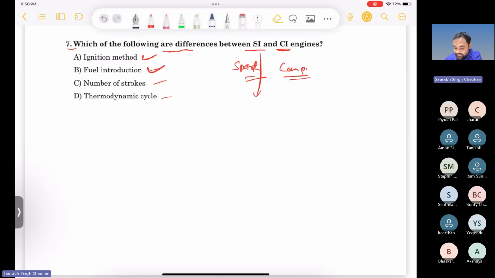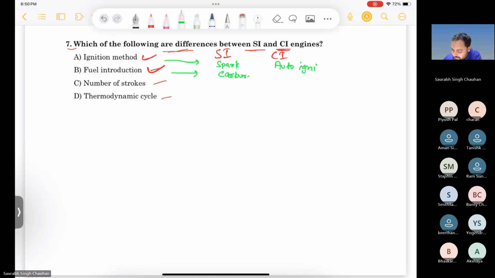For SI engine, I will just list down these things. Here it is SI engine and CI engine. Ignition method in SI engine is spark plug. In CI engine, it is auto ignition. Fuel introduction method in SI engine is using a carburetor, and in CI engine we are using a fuel injector. Number of strokes is 4.